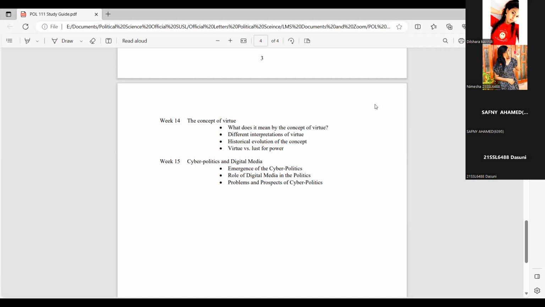Many political scientists, many politicians, many people work on the concept of virtue, right? Socrates sacrificed his whole life, family life, and his personal life on behalf of virtue, right? That type of political scientists are there.